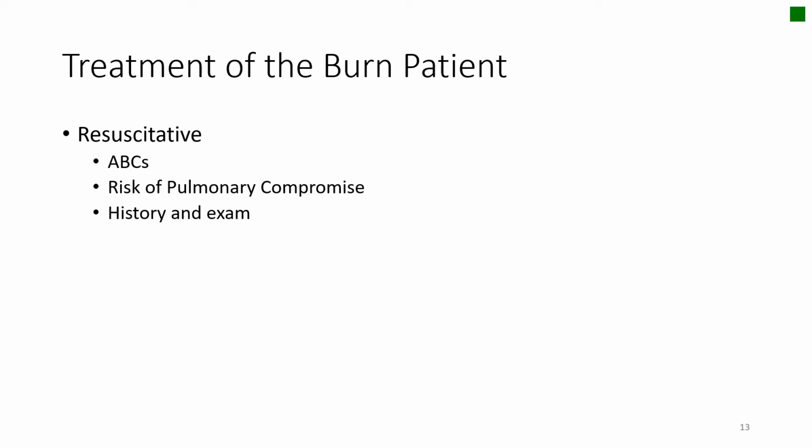A history and exam are important to rule out airway injury, especially in patients who are at risk. A diagnosis should be made through the history, the circumstances surrounding the burn injury, as well as your physical examination. Remember, we could have occlusion of the airway, and it is to be noted that heat itself will rarely cause damage below the vocal cords.